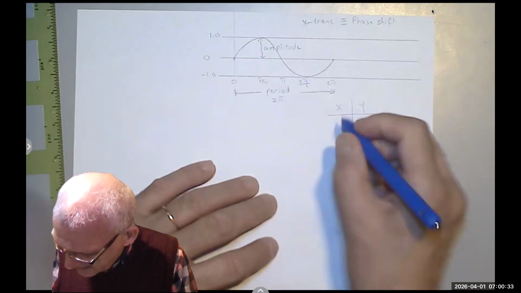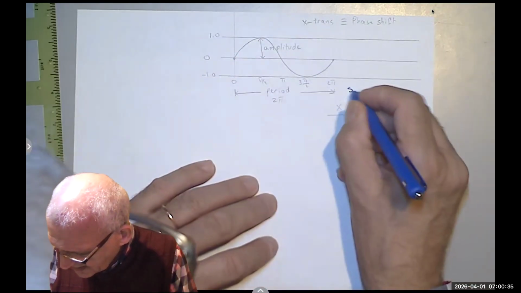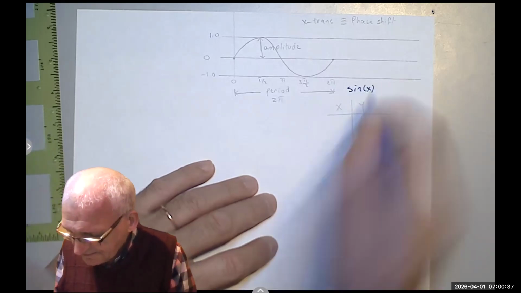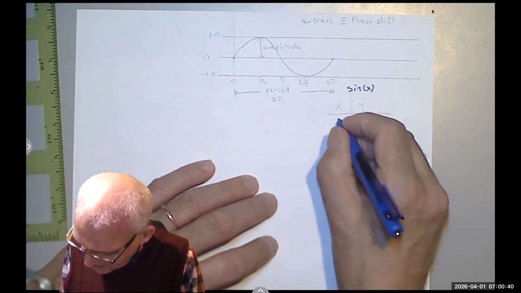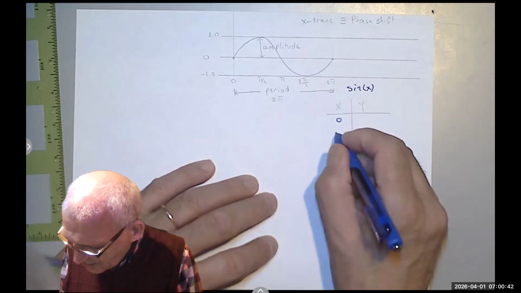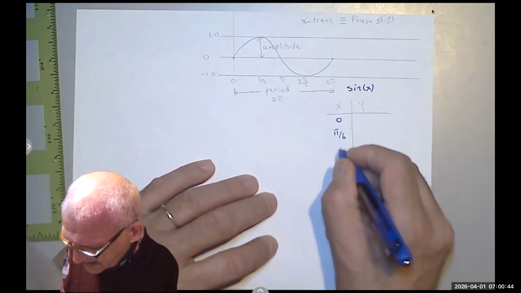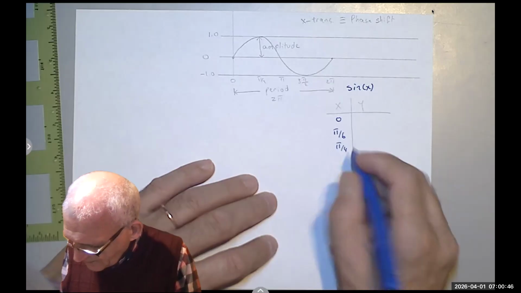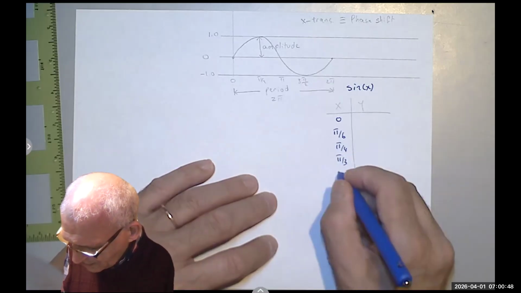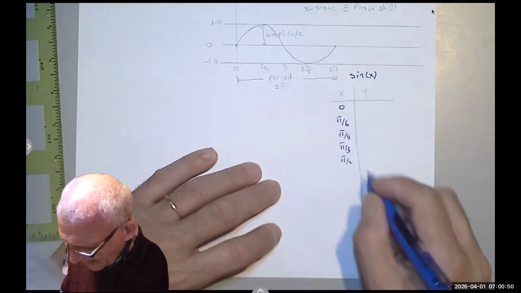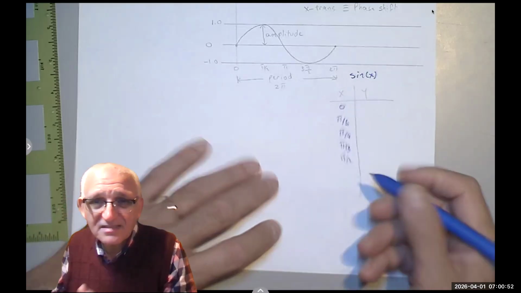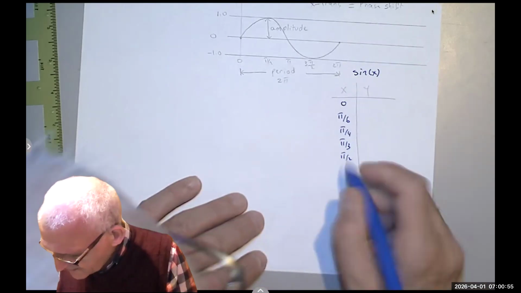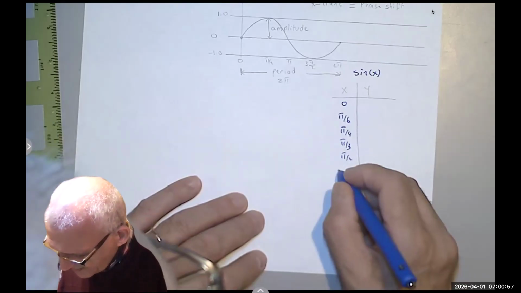So we know, for example, this is the sine of x. So x is 0. Let's say we know pi over 6, pi over 4, pi over 3, pi over 2, and so on. And let's stop at pi since it's going to repeat, but in the negative sign.